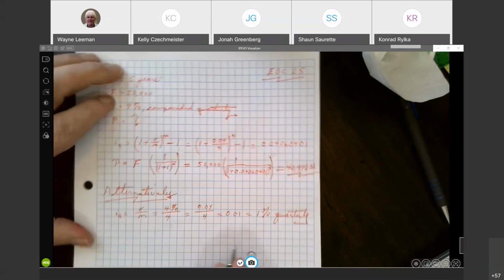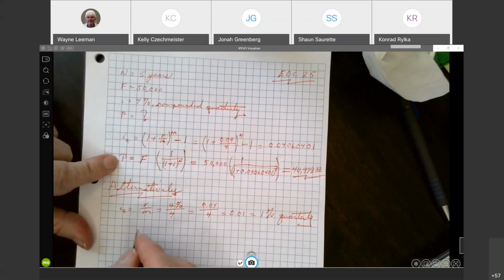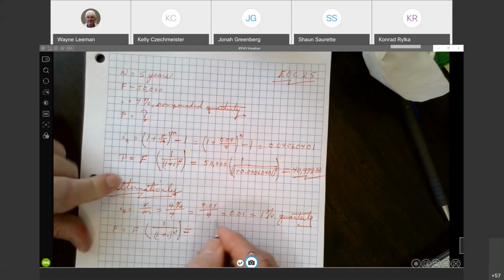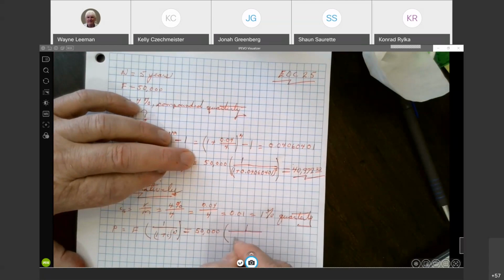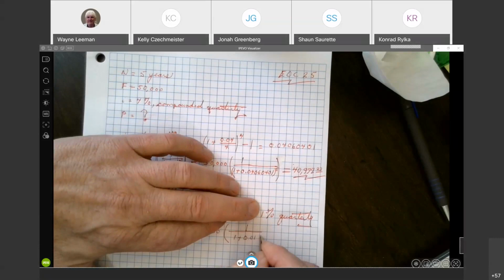If we do it this way, we should use the same formula. Nothing has changed there. We want to know the present value. If we know the future value, multiplied by 1 over (1 plus I) to the power of n, putting in numbers here, where future value is 50,000 times 1 over (1 plus I), where I is 1%, 0.01, to the number of compounding periods.